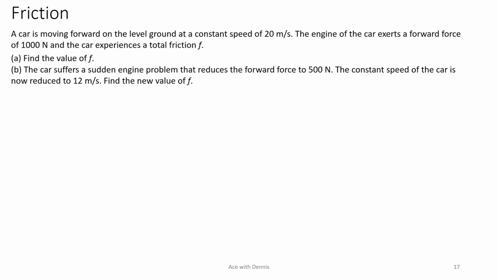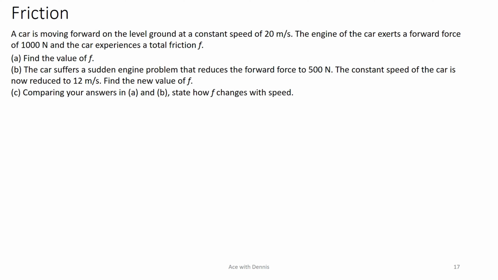The constant speed of the car is now reduced to 12 meters per second. Find the new value of F. C. Comparing your answers in A and B, state how F changes with speed. So you can pause the video and try to answer the question.